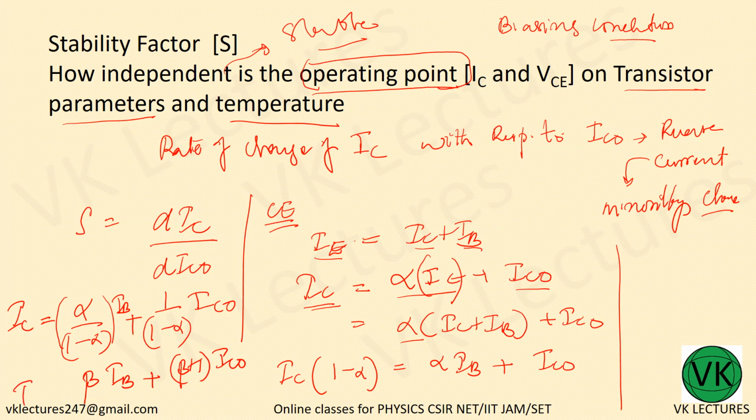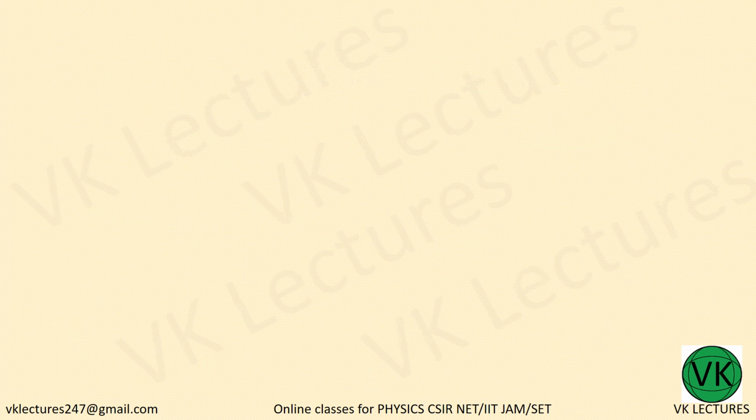So IC equals beta IB plus beta plus 1 into IC naught.